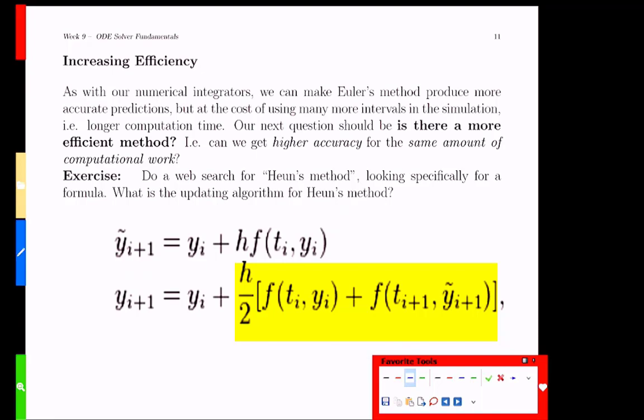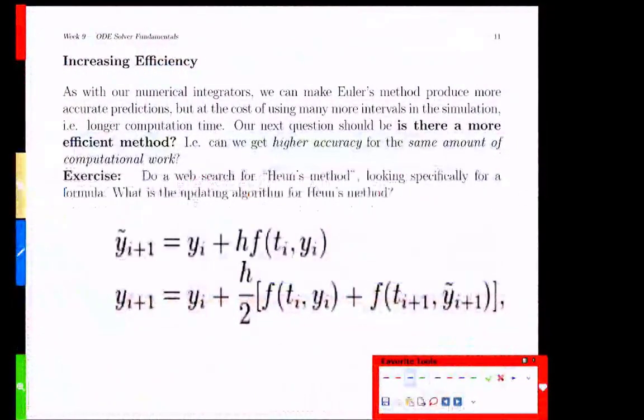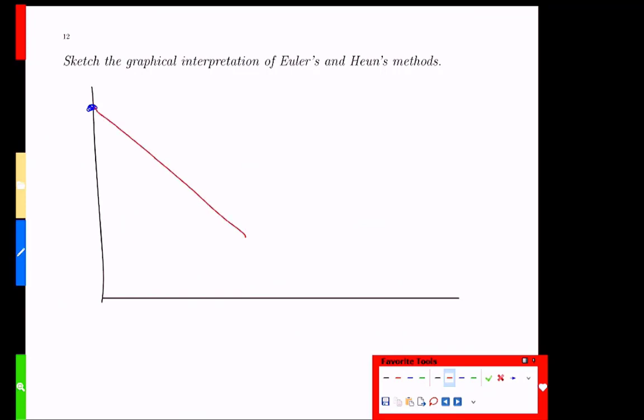So I'll just show you the graphical interpretation of this. Very similar in nature, but what it does is literally take Euler's method and say, yeah, that was a good start, but it lacked something. We've got our initial value, and we find the slope with Euler's. This slope here is equal to f of t naught y naught.